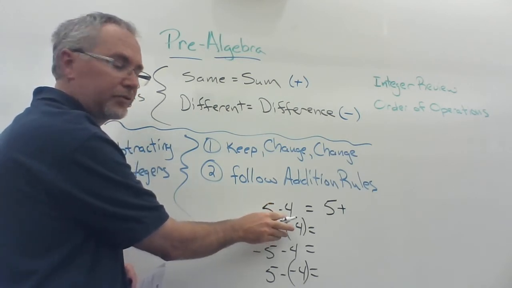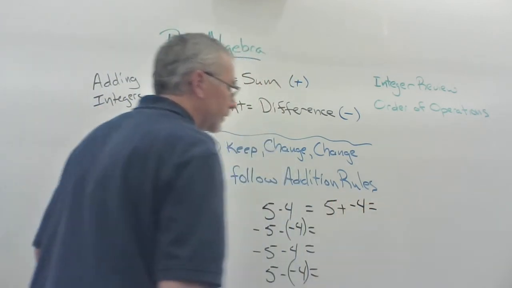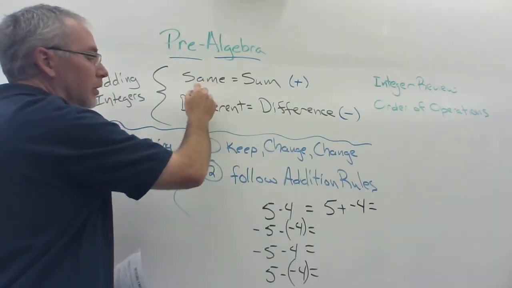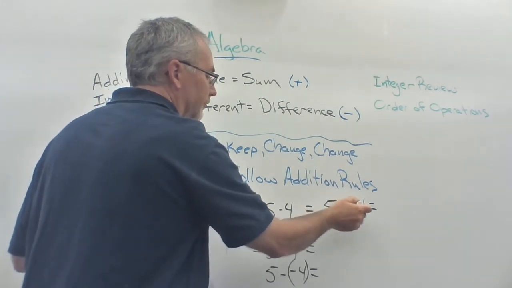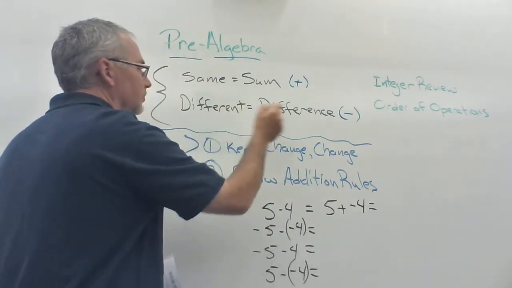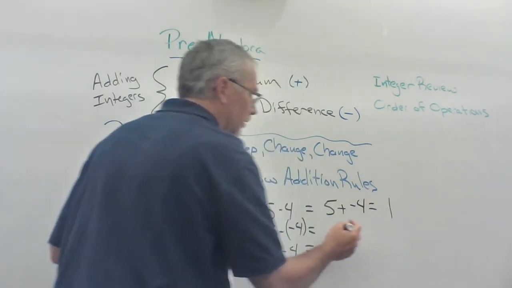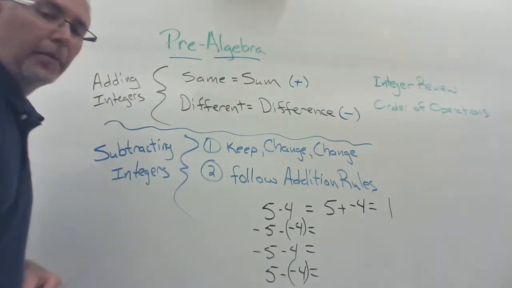So what is the opposite of 4? It is negative 4. Then I can go back into my addition rules. Are the signs the same or different? Well, they are different. This one's negative, this one's positive, which means I subtract them. 5 minus 4 is 1. The larger of the two is positive, so my answer stays positive.